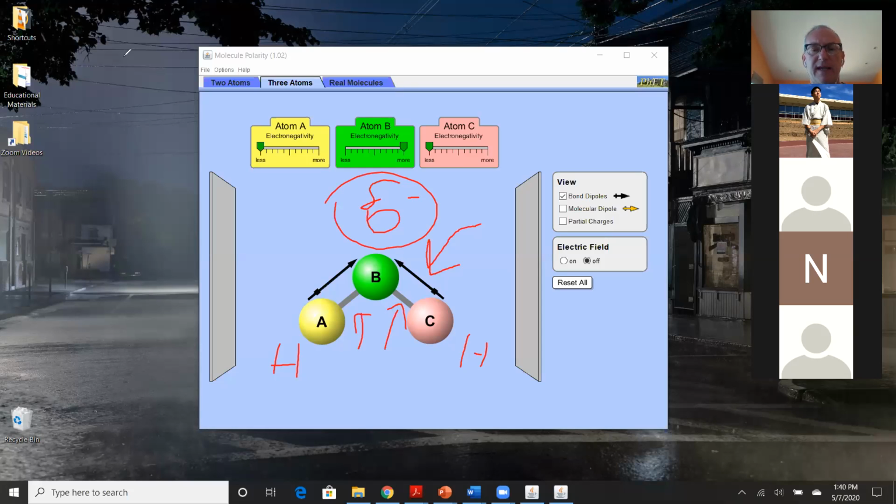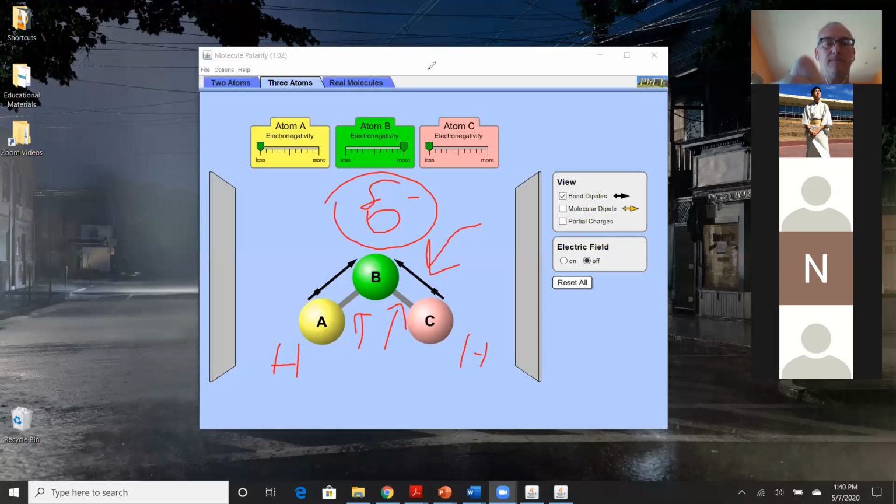So each of those bonds, each of those dipoles, is pointing towards oxygen, but at an angle, right? So what would be the overall molecular dipole? Let me clear.